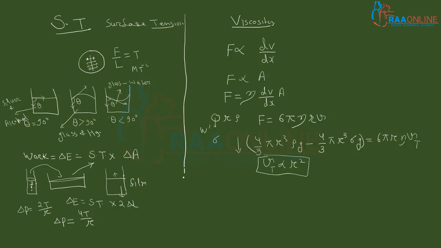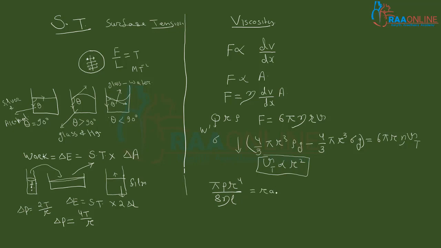If liquid is flowing in a pipe, you know that liquid is flowing due to a pressure difference. So the rate of flow of liquid you can calculate by the formula. It is known as Poiseuille's formula: pi P r^4 upon 8 eta L. What is it?